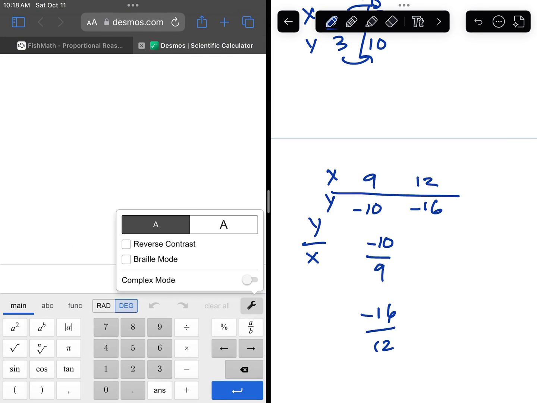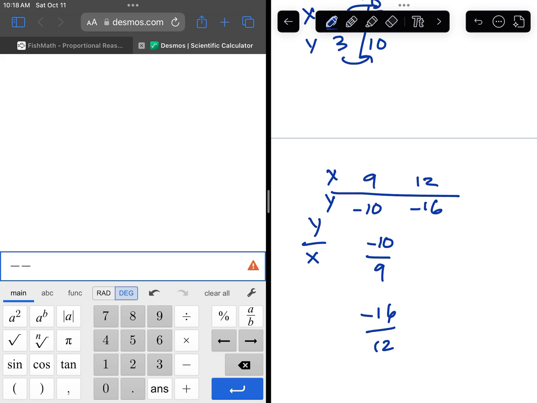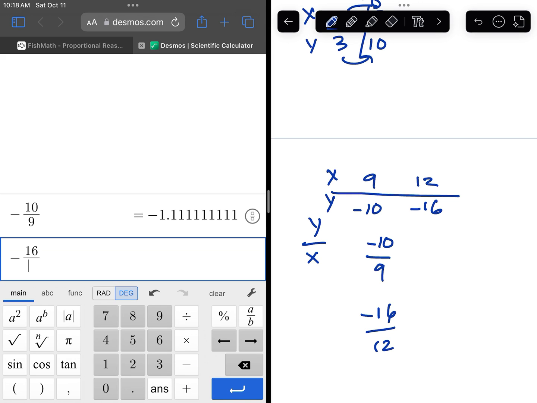So if we do -10 divided by 9, and then we do -16 divided by 12, you'll see different things. This is -1.1 repeated, and this is -1 1/3, and those obviously don't match.